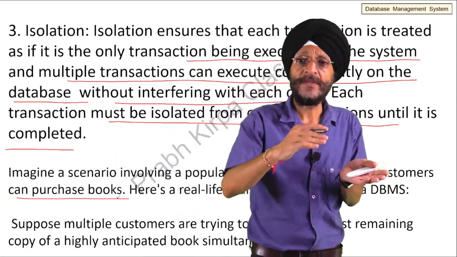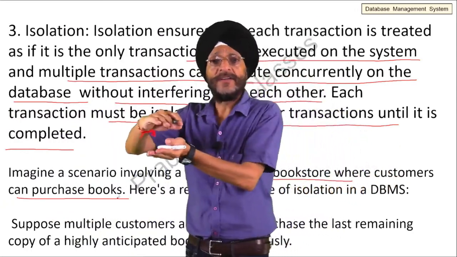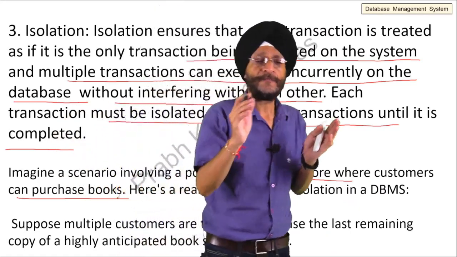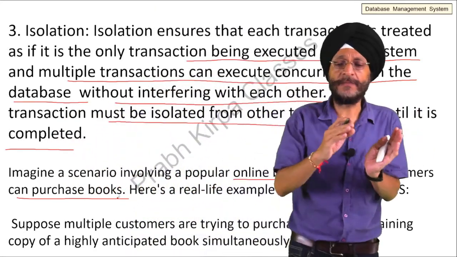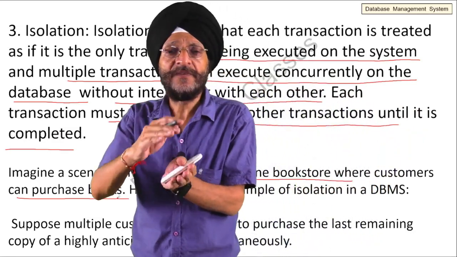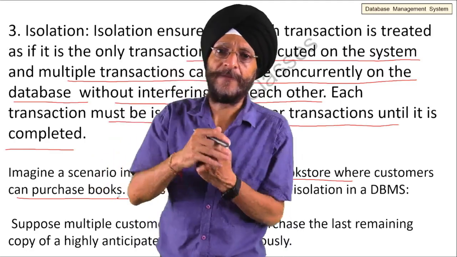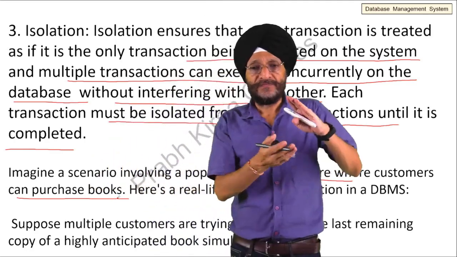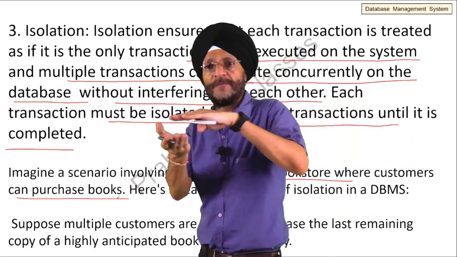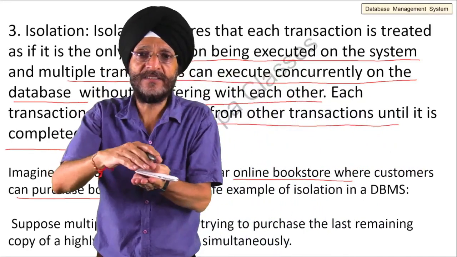At the same time, B was also trying to purchase the book, but the DBMS places a lock on the transaction which is being done by A. That is, when the transaction of A completes, only then B's transaction starts.